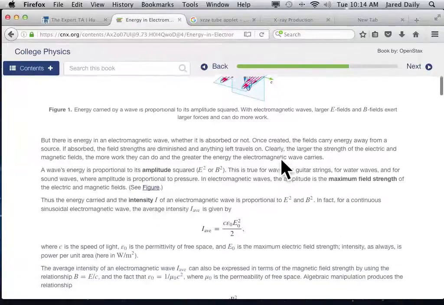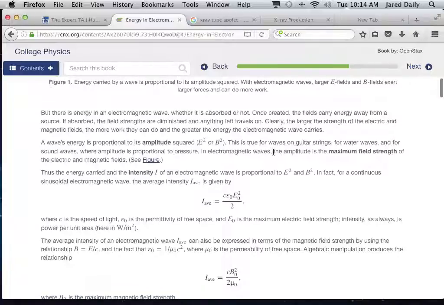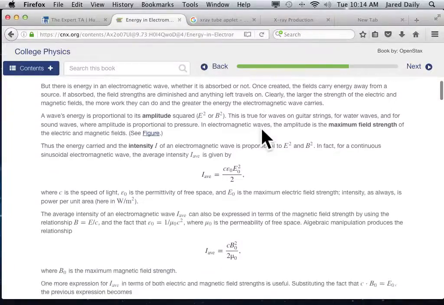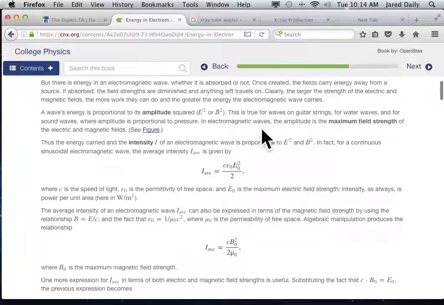So it turns out that you have two ways to talk about the energy of light waves. You can talk about the energy, the intensity, or this would be like the brightness of the wave. The intensity, on average, is proportional to the electric field squared. It's also proportional to the magnetic field squared. It's a different equation either way.